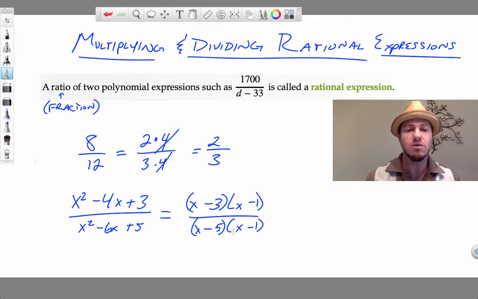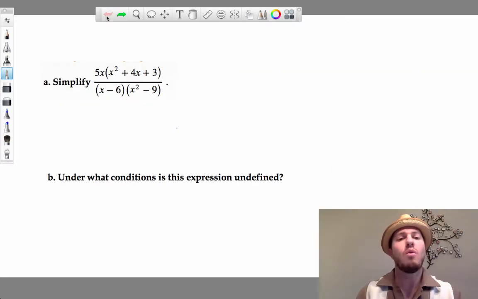So what you can do, just like we crossed off these 4's here, I can cancel these x minus 1's out, and this does simplify to x minus 3 over x minus 5. So what we have with this rational expression, in order to simplify, you first need to factor the numerator and the denominator completely.